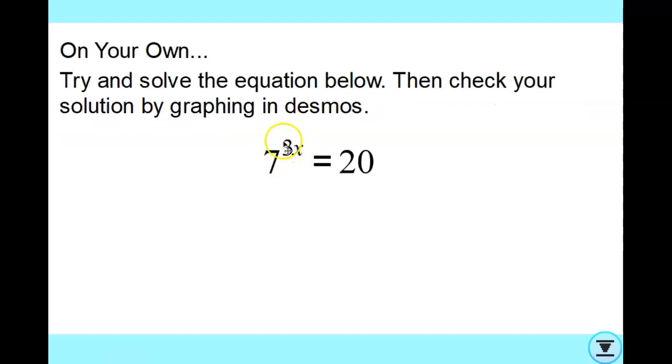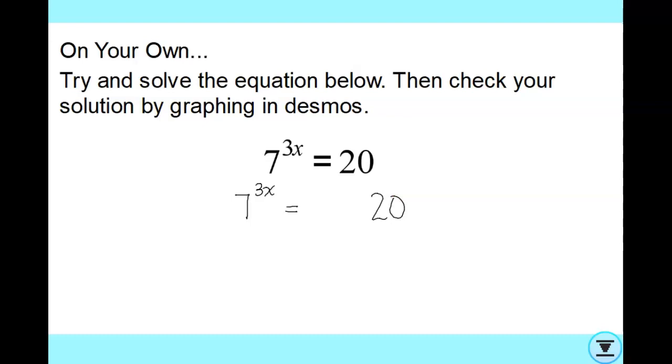So if I want to solve for x here, and I can't rewrite 7 and 20 as powers of the same base, I'm going to rewrite this, and I'm going to leave a little bit of space after each one of these. So I've got 7 to the power of 3x is equal to 20. And you'll see why I'm leaving these spaces here in just a second.